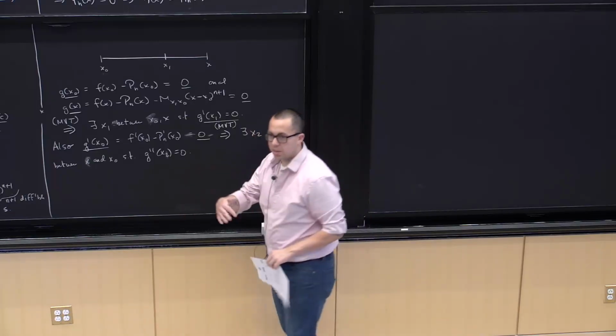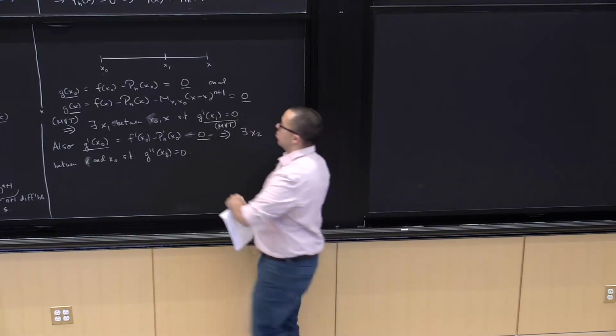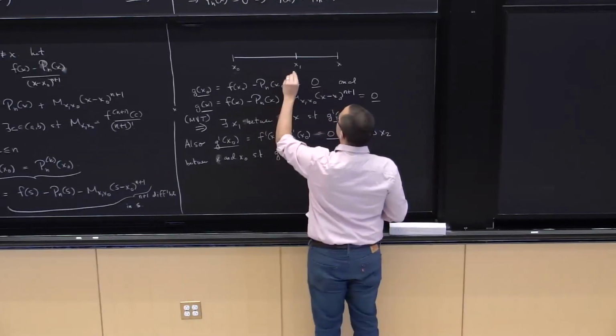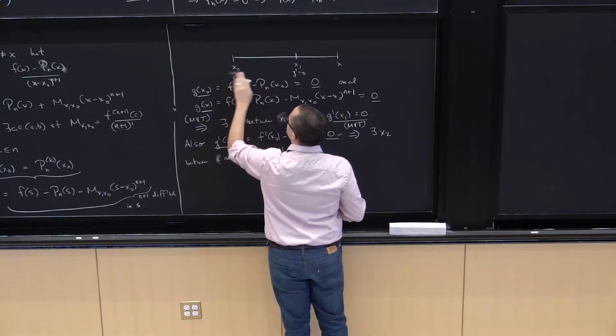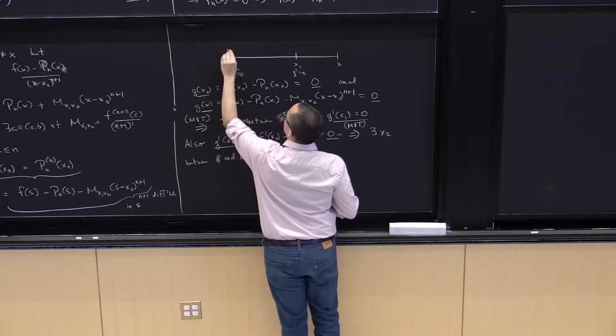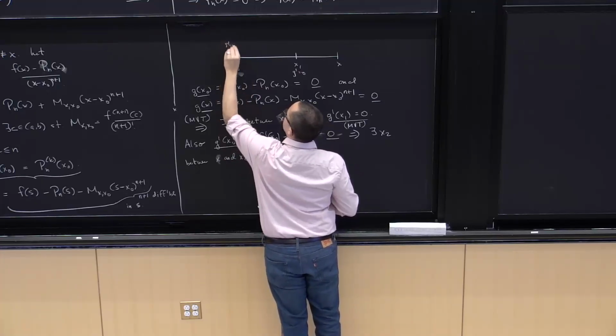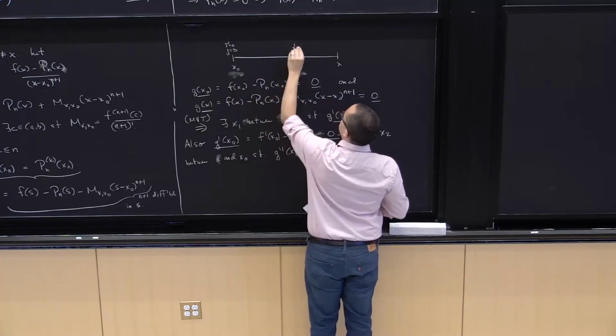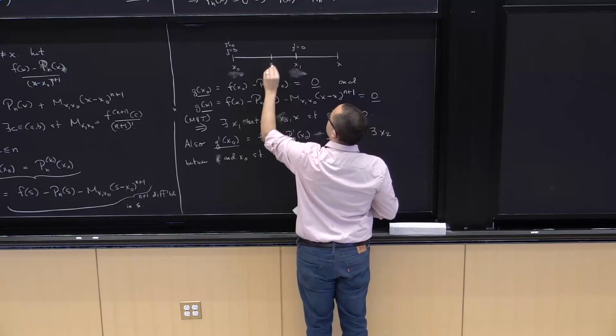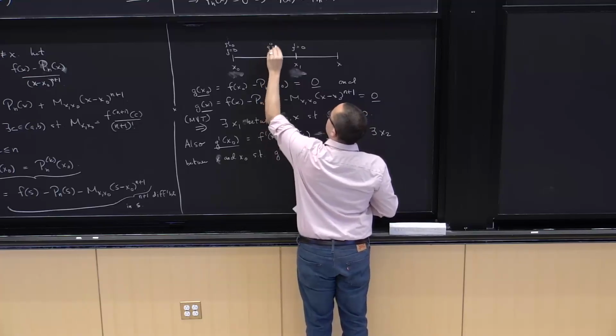And then there's x1 here. So let me write here. At this point we know g equals 0, g prime equals 0, and so on. At this point, g prime equals 0, and then at x2, right?